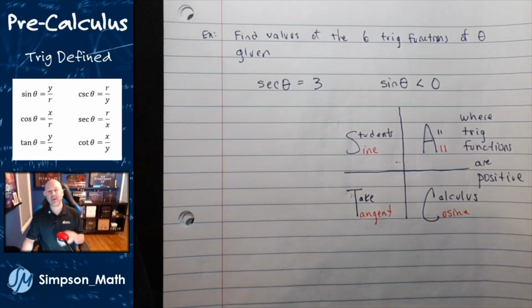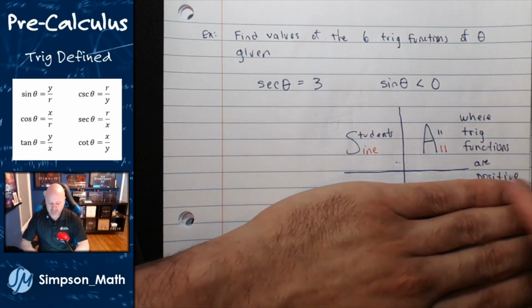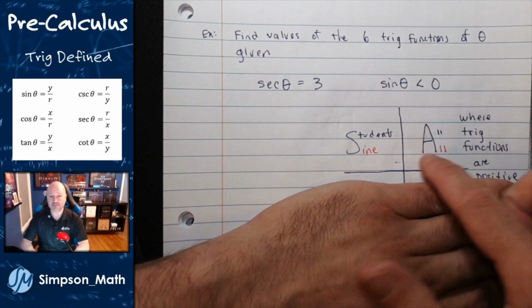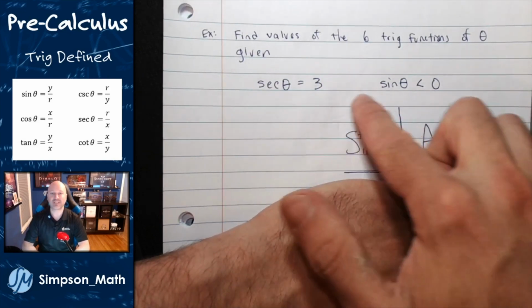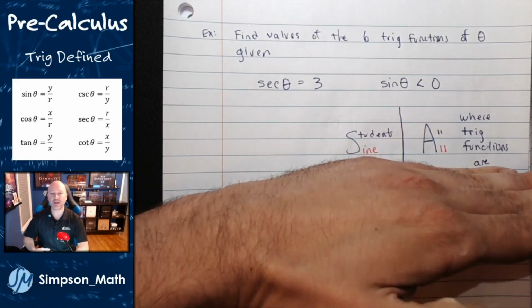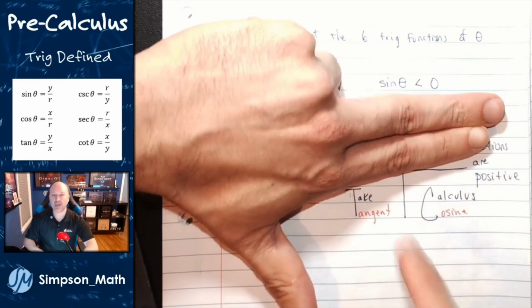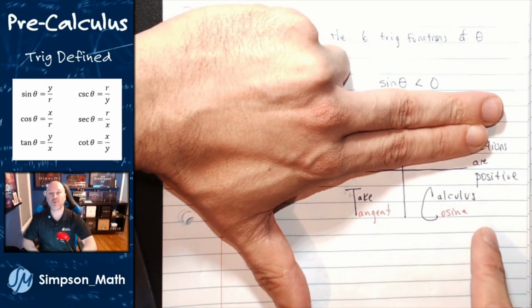So again, it's very quick. If you just tell me, oh, sine is negative, then one way to think about that is with this "All Students Take Calculus." I know that sine is going to be positive where everything is and where sine is positive. So for sine to be negative, I must not be in quadrant 1 or 2. I must be down here in quadrant 3 or in quadrant 4.